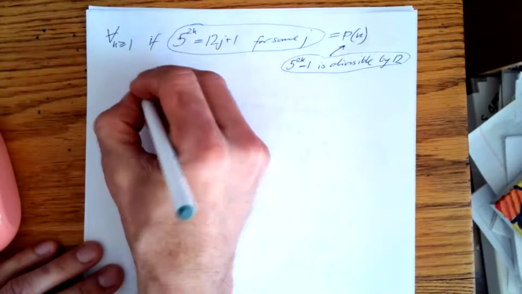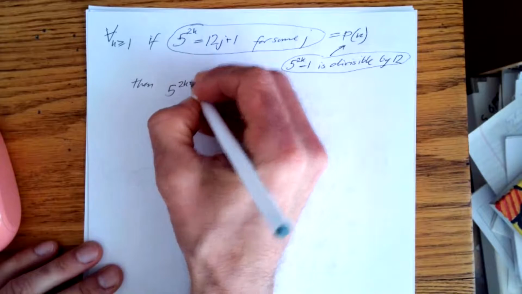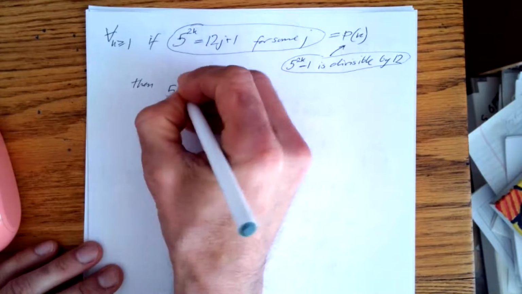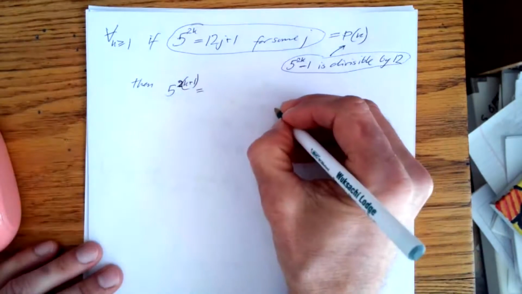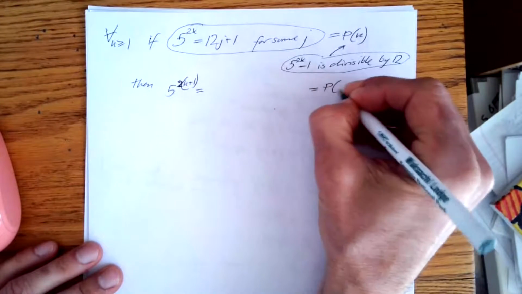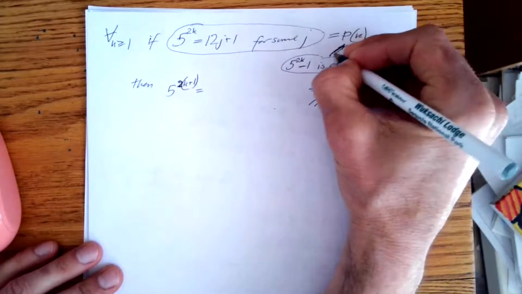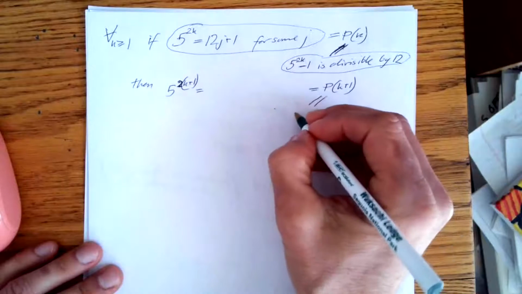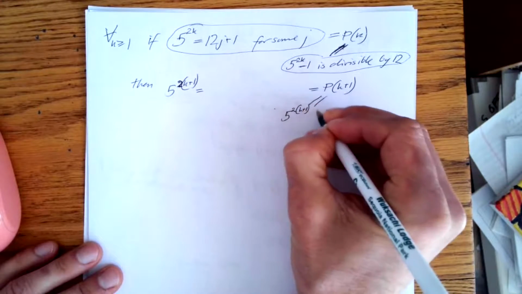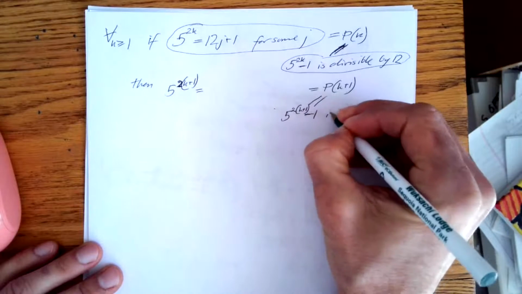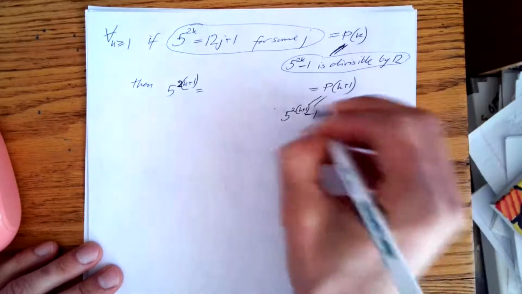So if this holds, then 5 to the 2(k+1)... what's our predicate? The predicate should be P of k plus 1. What is it directly? It is that 5 to the 2(k+1) minus 1 is divisible by 12.